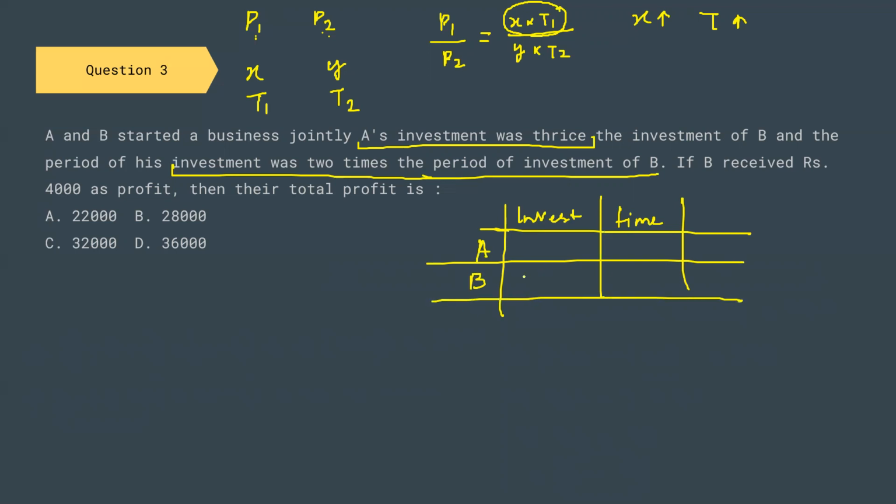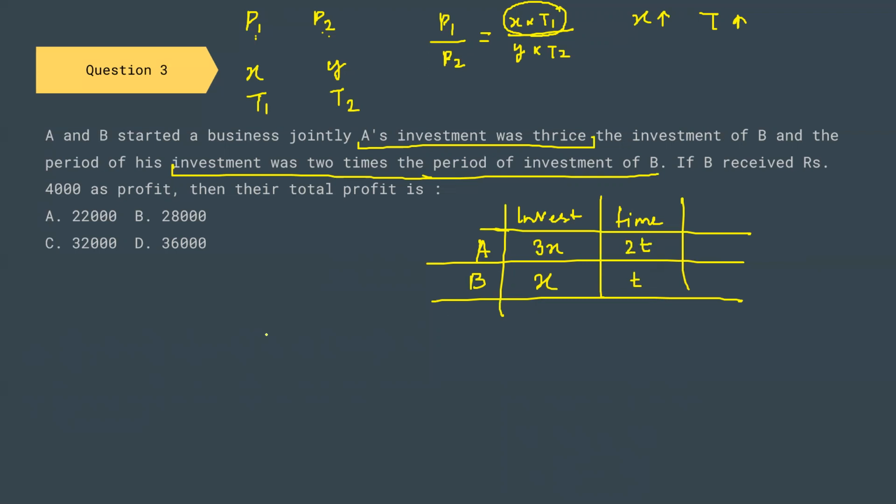Fine. Now let us assume that B has invested X amount of money. So A is going to invest 3x amount of money. B has invested the money for T time, so A is going to invest that money for 2 into T time.